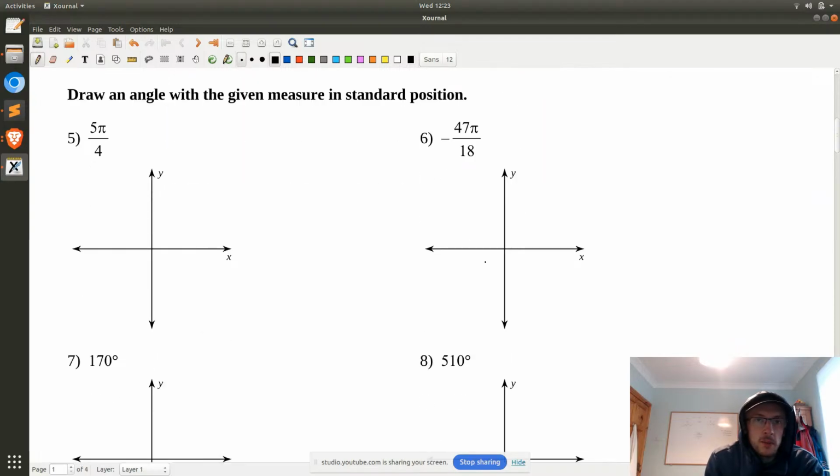Draw an angle with a given measure in standard position. So this is 5 pi over 4. So that's like 1.25 pi. And a quarter pi is 45 degrees to translate that. So there.